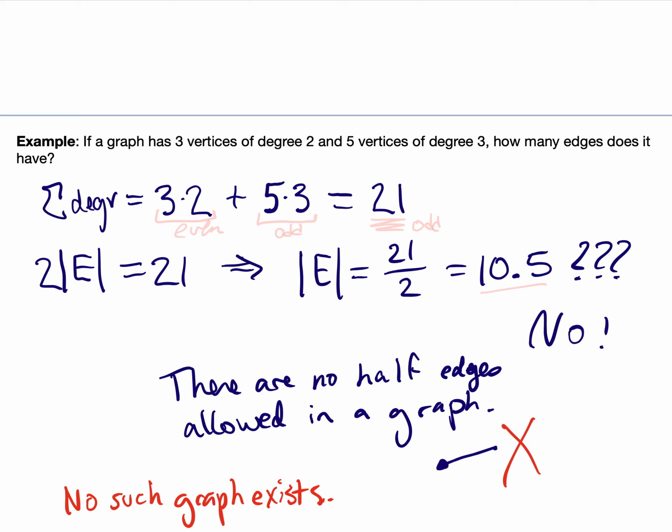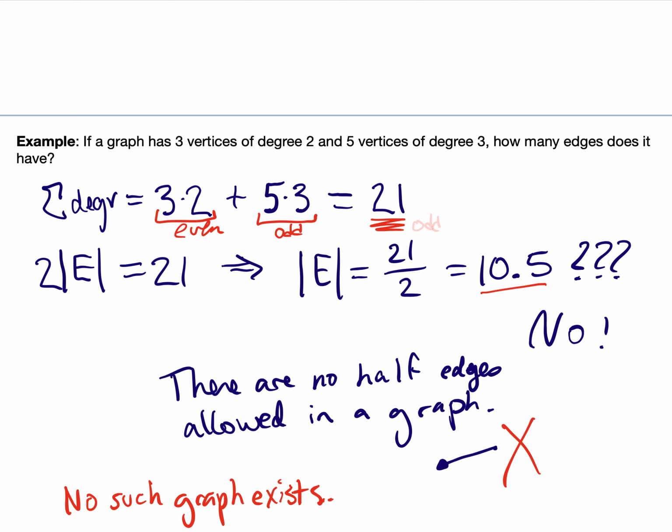So what went wrong? The thing that went wrong was that we ended up having an odd number for the sum of the vertex degrees. And when we divide an odd number by 2, we get a value that isn't an integer, a value that can't be a number of edges. So again, how did that happen? Okay, so here we've got an even number plus 5 times 3, that's an odd number.